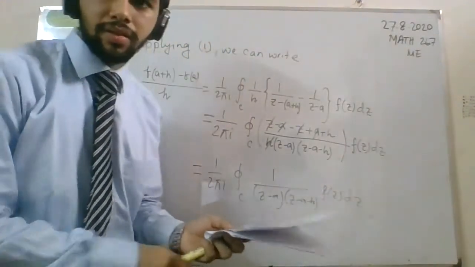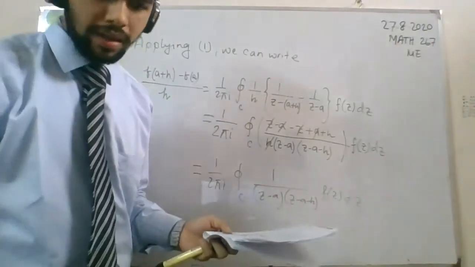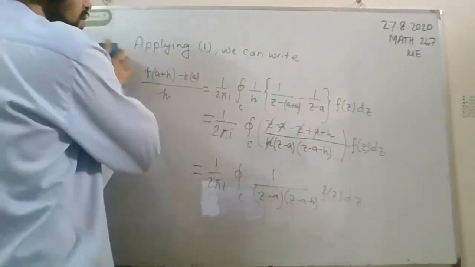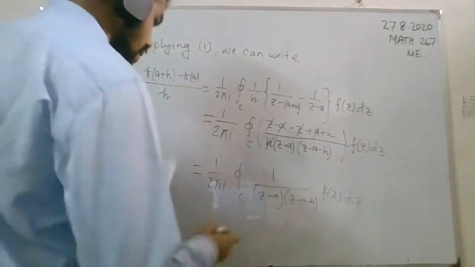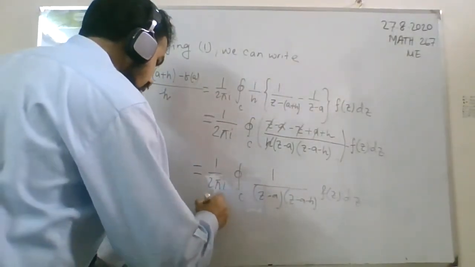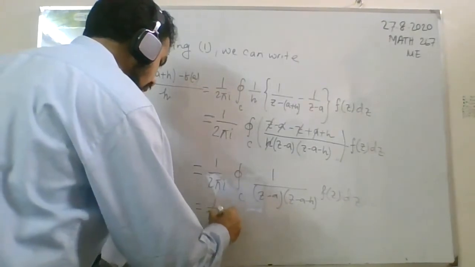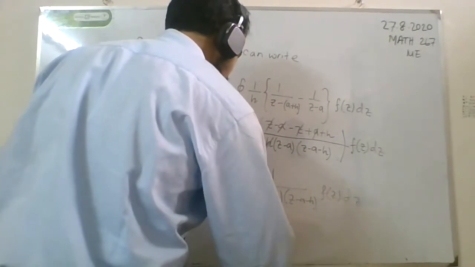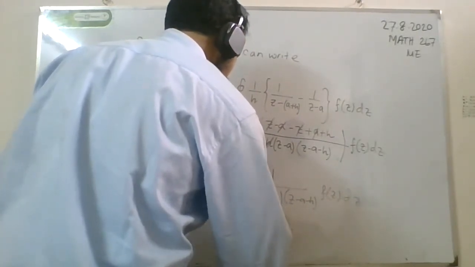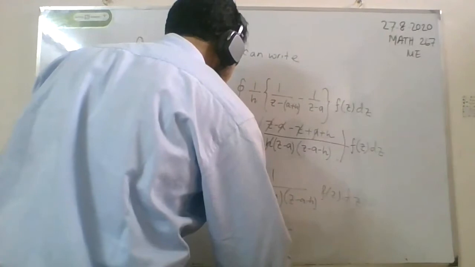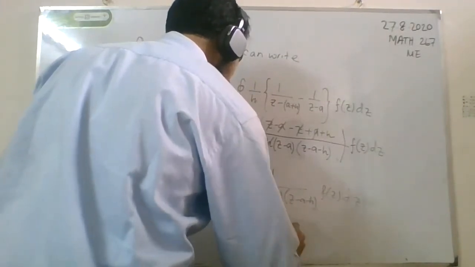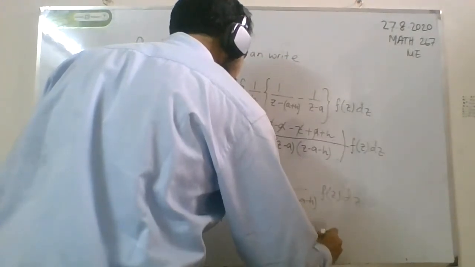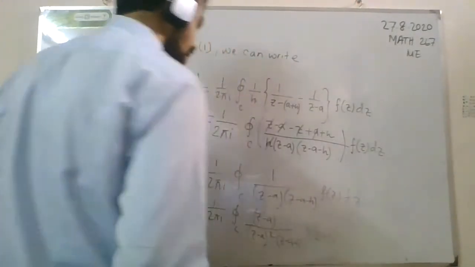Okay. So now just here 1 by 2 pi i, integral over c of z minus a, also z minus a whole square, and also z minus a minus h, f(z) dz.